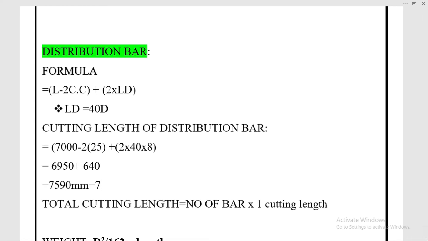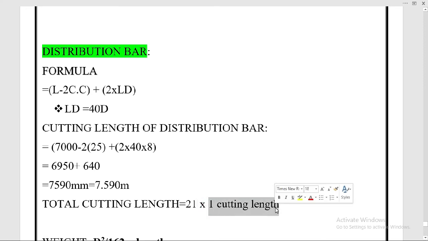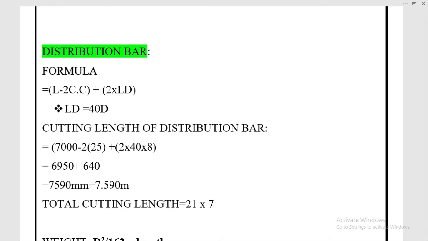In meter, 7.590 meter is the one cutting length of the distribution bars. The total number of distribution bars we have is 21, multiplied with the one cutting length, 7.590.